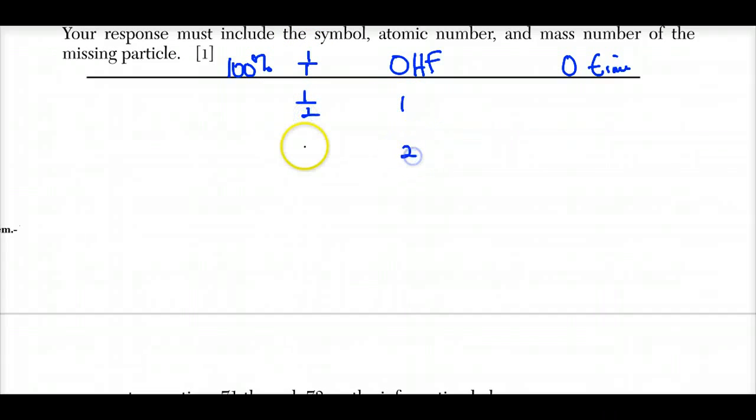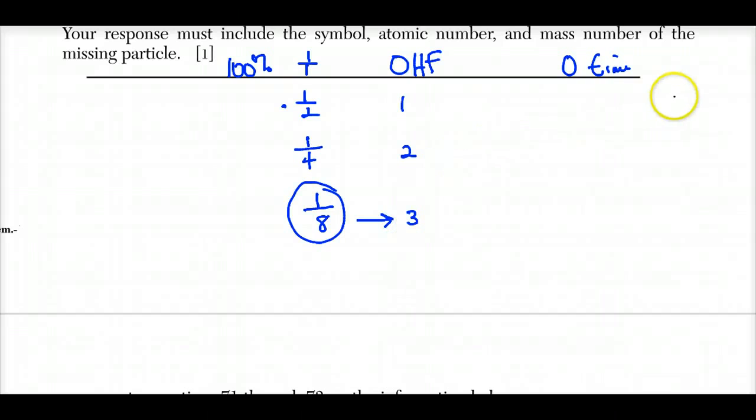The second half-life is 1/4. And the third half-life, half of 1/4 is 1/8. All I did was take half of 1, then half of a half, which is a quarter, then half of a quarter, which is an eighth. So I halved 3 times: 1, 2, 3. It took 3 half-lives.